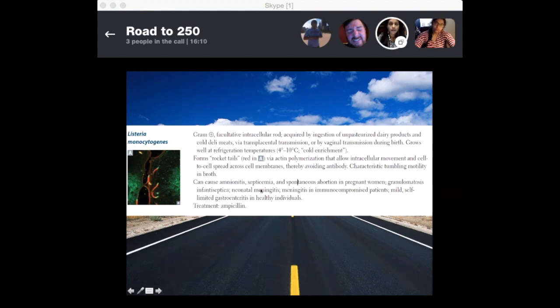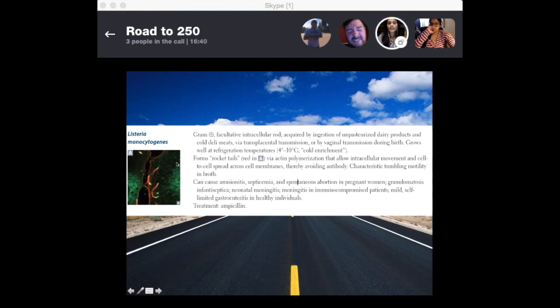And okay, so I was going to ask you guys this, but when I mentioned that Listeria is motile, it's quite characteristic of Listeria because when we see Listeria under microscopy, we see these things called rocket tails, if you will, or more characteristic is like tumbling motility, which is seen in this picture here.